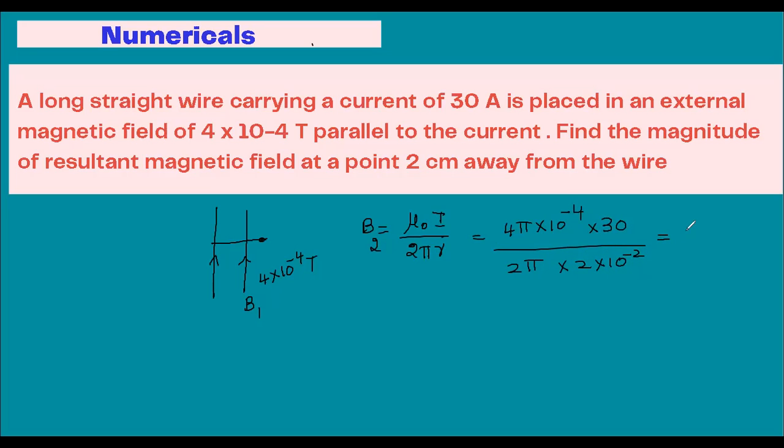So you get this magnetic field on calculation as 3 into 10 to the power of minus 4 Tesla. Since B1 and B2 are perpendicular to each other, the resultant magnetic field will be root of B1 square plus B2 square, which will be equal to 5 into 10 to the power of minus 4 Tesla.